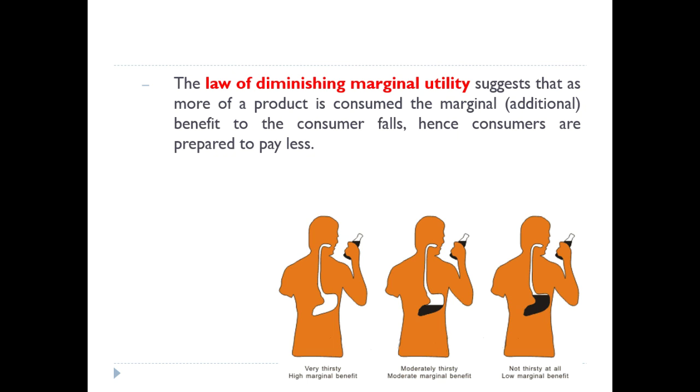But in the second case, what is happening? Your hunger is somewhat satisfied, but you are going to have the next piece. You are paying $5 and having the same, but it may not give the same satisfaction given by the first piece.